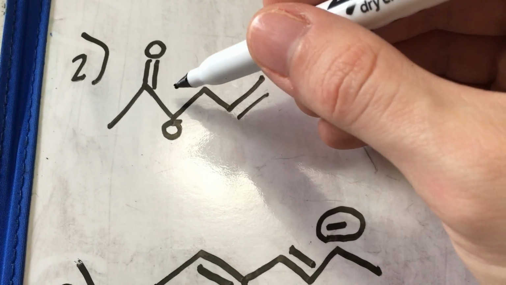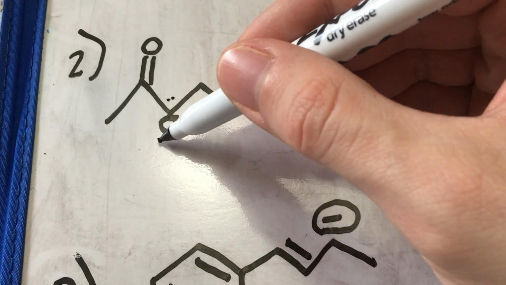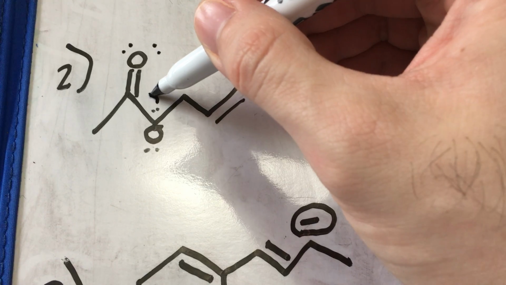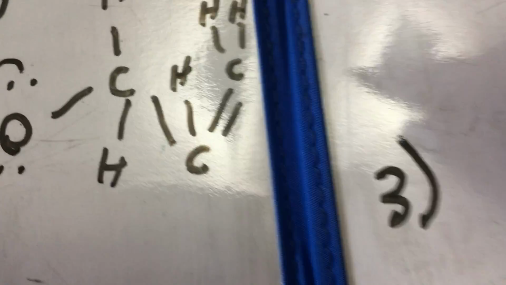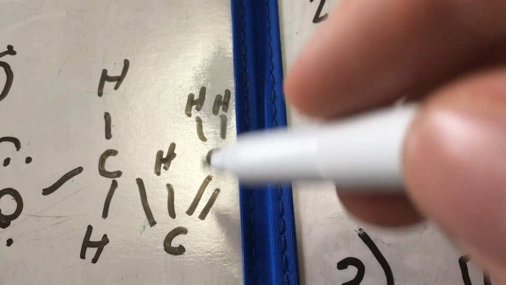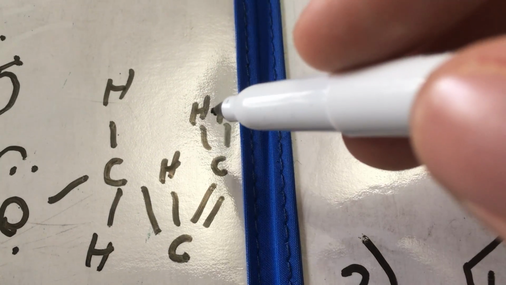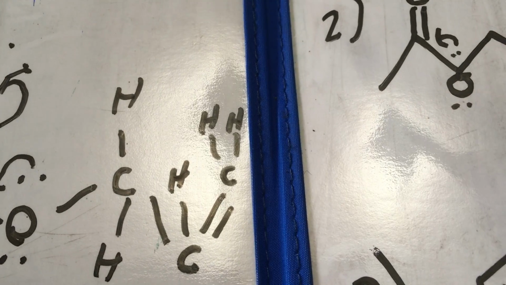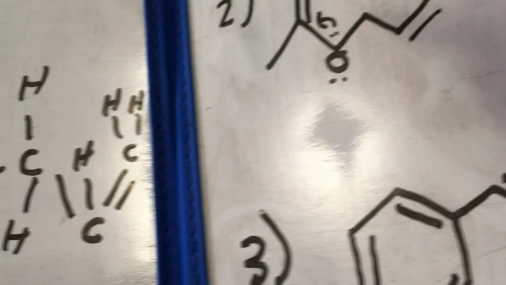So when we represent that here, we draw out our electrons. And the reason we don't want to do the other way is because of the way this is bonded, with the hydrogens and all that, it's not going to work out that well.